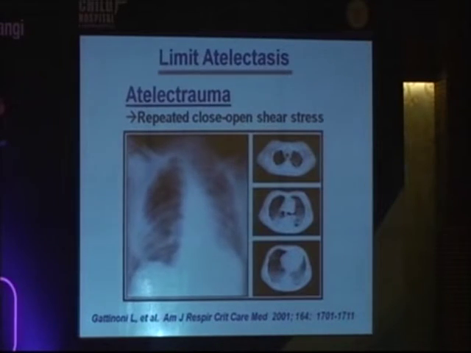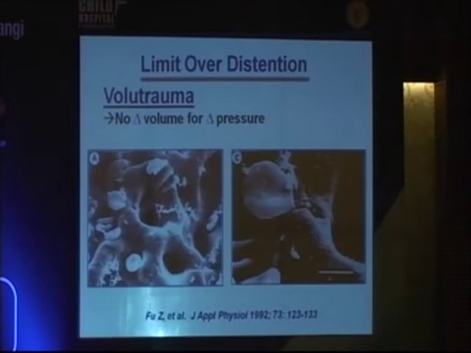So in terms of those two extremes, the atelectasis or the atelectrauma, avoiding a PEEP that is too low so that we do not have this repeated closed and open shear stress injury, keeping the lung open during both inhalation and exhalation, as opposed to atelectasis during exhalation.